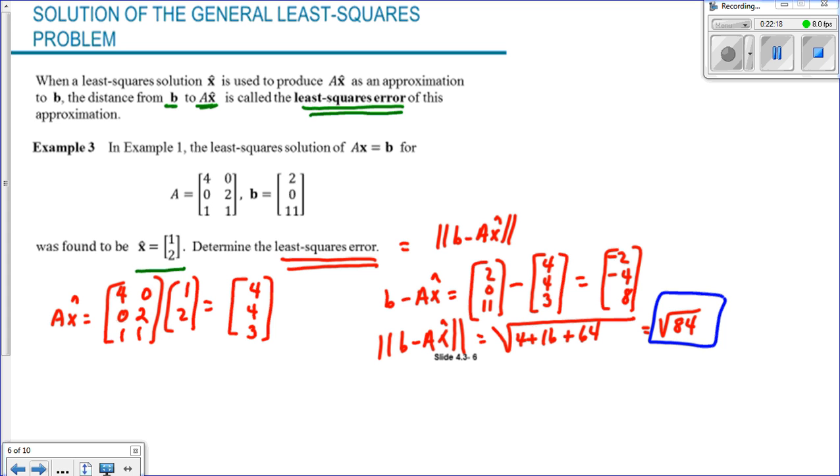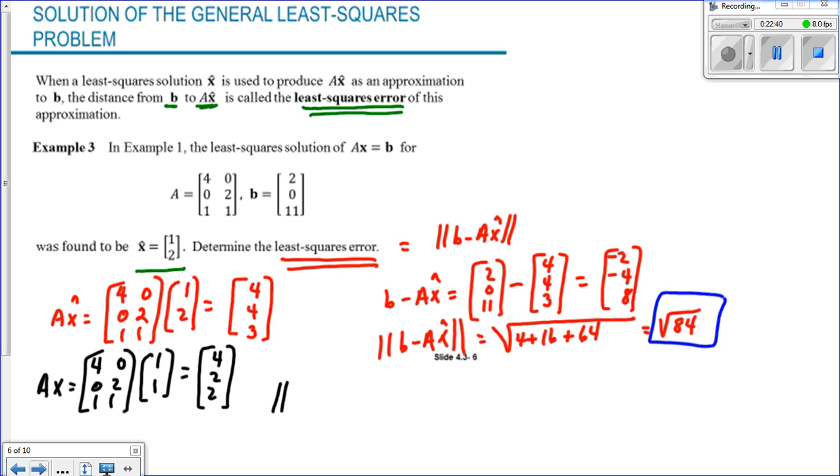So just as an example, let's pick another x that's in R2. So let's look at Ax. Let's pick something close to 1, 2. Let's pick 1, 1. So that will be 4, 2, 2. So now what would be the difference between b and that Ax?